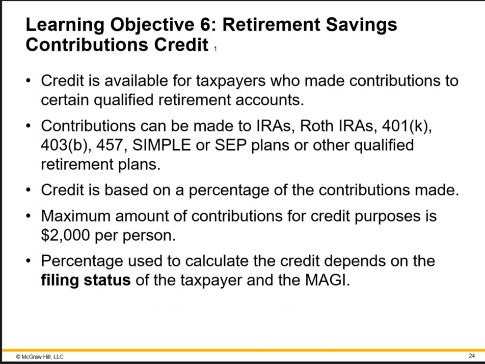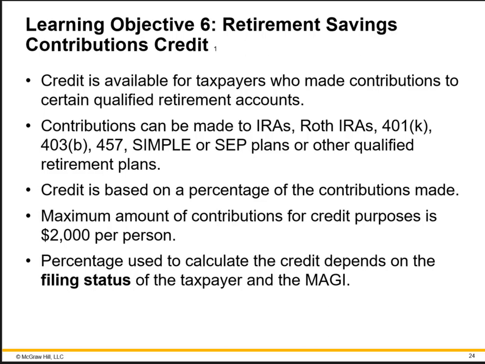All right. Next one is retirement savings contribution credit. Now, this is an interesting one. It's the only one that I know of where you get to what's called double dip, meaning you get a deduction for making contributions to your retirement plan.